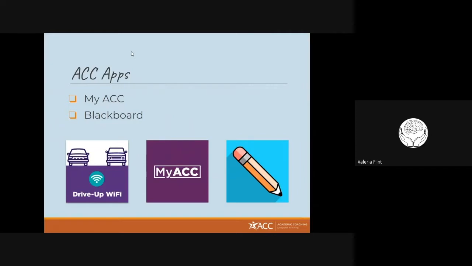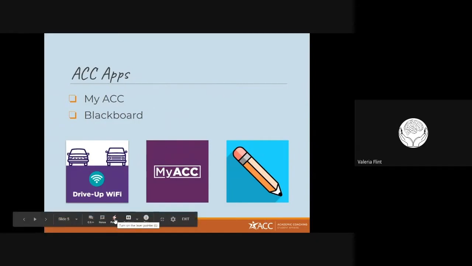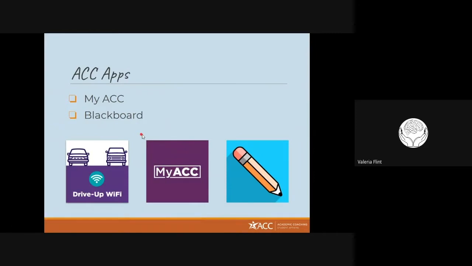So first thing that every ACC student needs to know in this online semester is that a reliable, secure internet connection is a must, especially if you're submitting an assignment or taking a test. Unfortunately, sometimes there are several areas around Austin where that is not provided all the time.